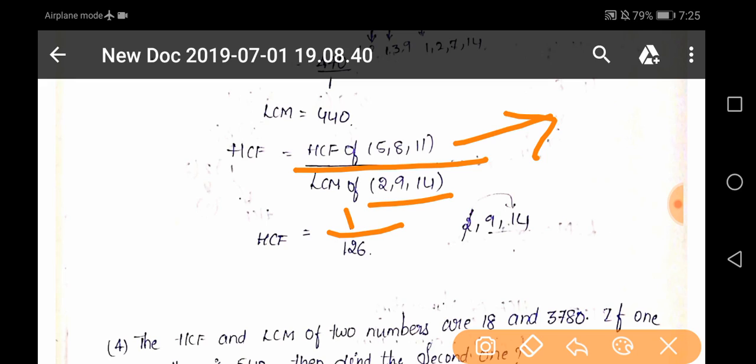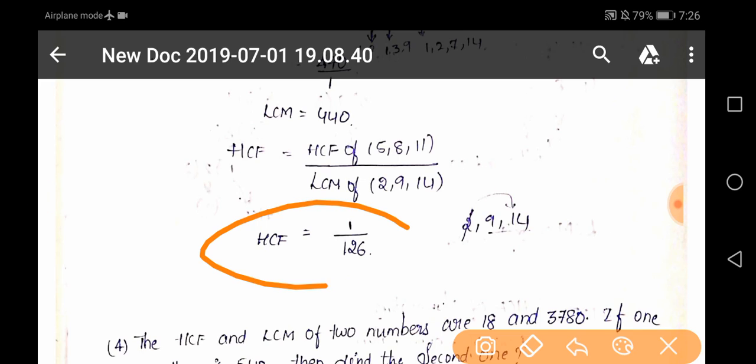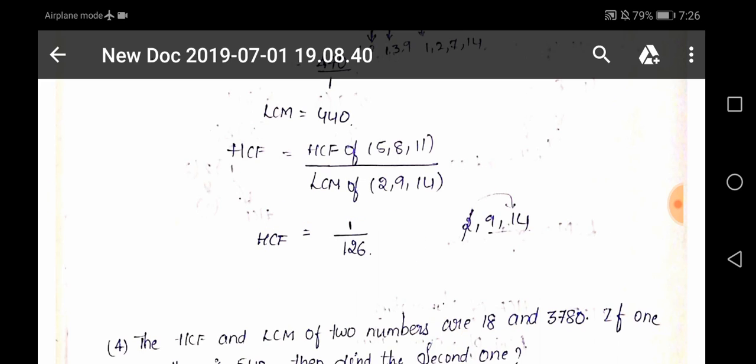And here the LCM of 2, 9, 14: see, 2 will get cancelled, 14 will get cancelled by 2, you eliminate 2, so just 9 and 14. But here, by seeing the numbers, they don't get cancelled by any other number, so you can directly multiply. 9 into 14 is nothing but 126. That's all. And the HCF is 1 by 126.